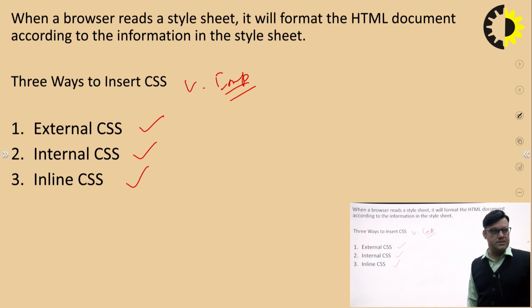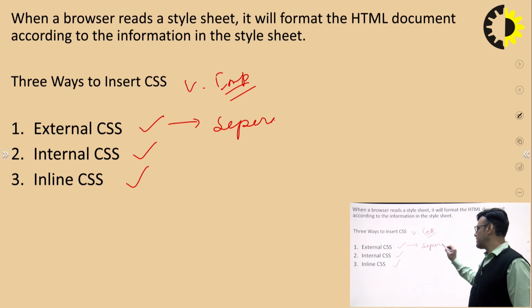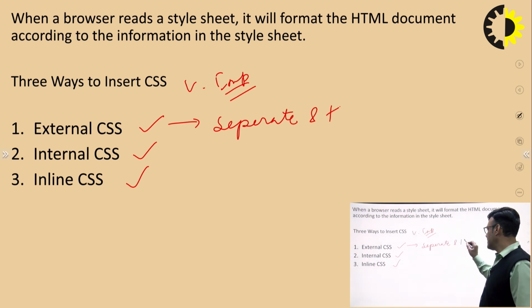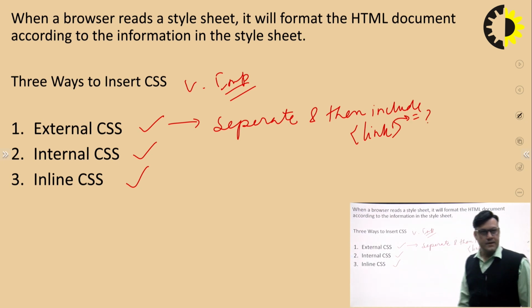External means we will write a separate code, a separate file, and then we will include it. How are we going to include it? There is a tag called the link tag. Using that link, we will give the address of that file, right?